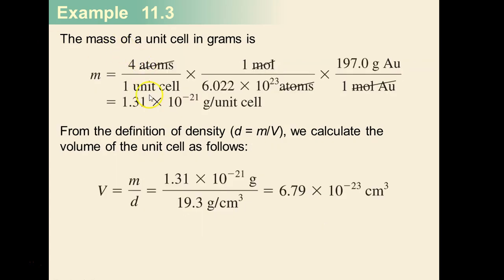Now, if there's 4 atoms per unit cell, 1 mole has 6.02 times 10 to the 23rd, Avogadro's number of atoms, and that number of atoms has a weight of 197 grams. The amount of grams that you'll have per unit cell is 1.31 times 10 to the negative 21. Now we have both mass and density, and we can solve for volume, giving us 6.79 times 10 to the negative 23rd.